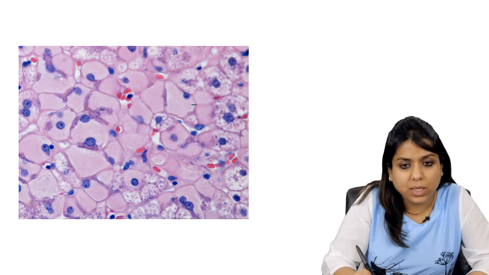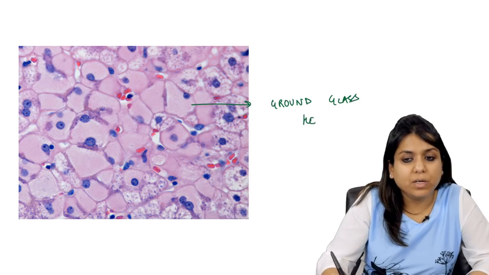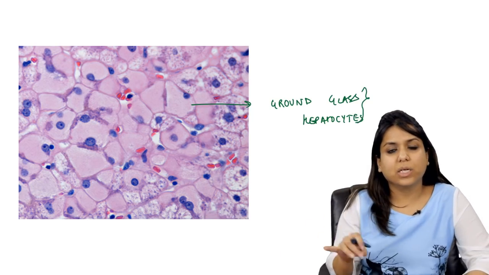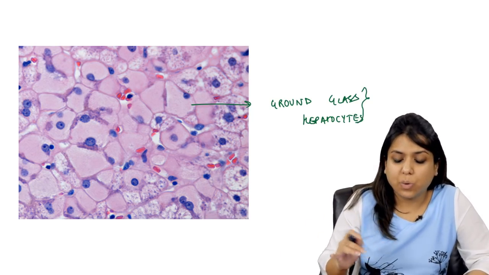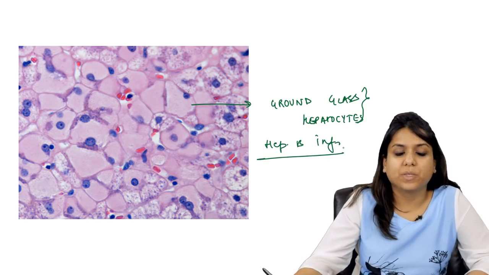These liver cells are called ground glass hepatocytes. You will be given a history in the exams, and such an image might be given. These are ground glass hepatocytes, which are a characteristic feature of hepatitis B infection, liver biopsy in hepatitis B.